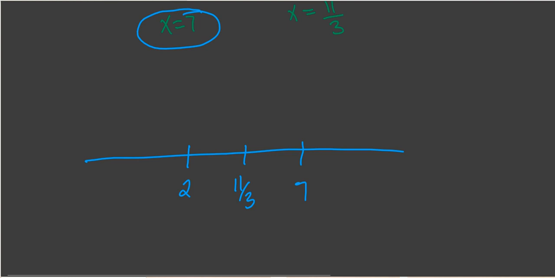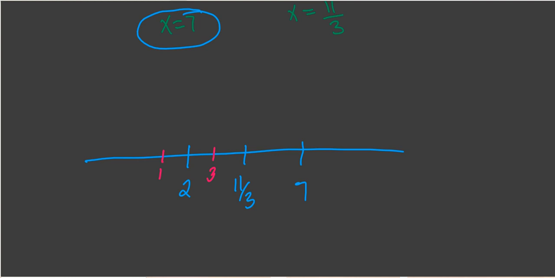I want to select points when we are trying to do our sign chart. We want to select points around our critical and point of inflection points, right? So to the left of 2 would be 1. You can pick any point. I'm just picking the points best for me. Between 2 and 3.7, we could say 3, right?